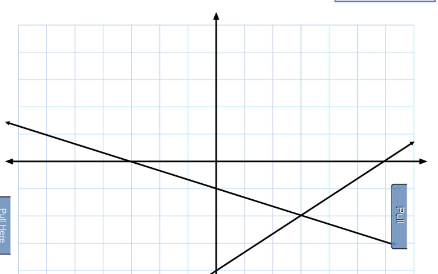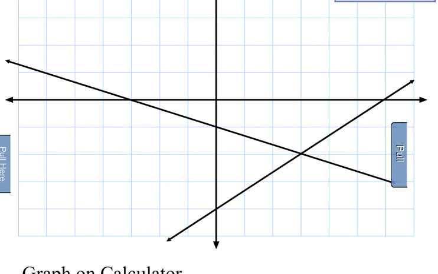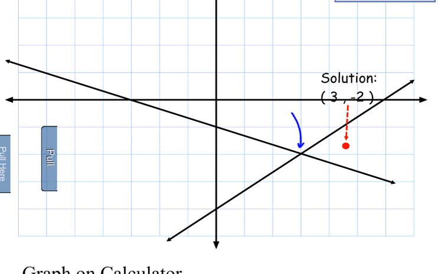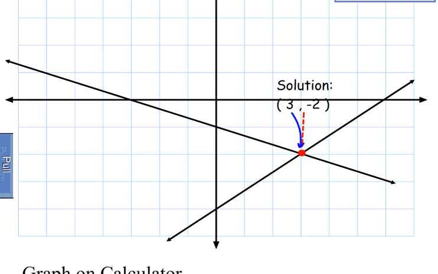Here's two different looking lines, and you can see where they cross. They cross right there. And if you were to name that point, you would name that point 3, -2. So the solution to this system of equations is 3, -2.